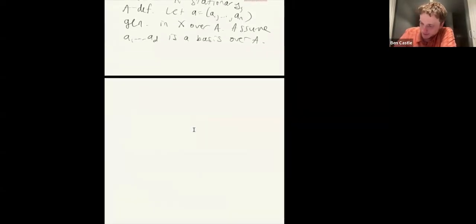Because this is a basis, if I is bigger than D, then AI is going to be algebraic, particularly over A together with A1 through AD. Well, we're assuming trivial, right? So since we're assuming trivial, we can use this fact, and therefore AI is algebraic over one of the points.